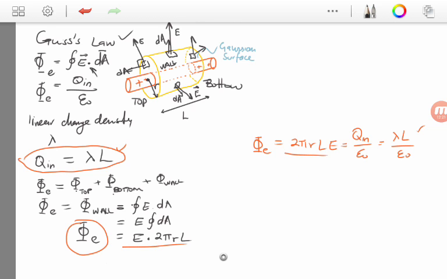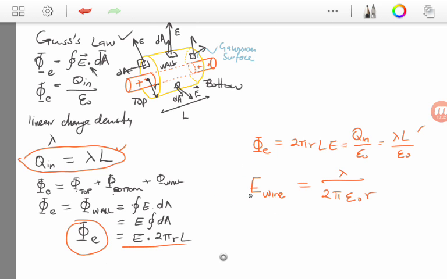So what's left now is just to make E, the electric field, the subject of the formula. You can easily do that, as E for the wire will be equal to, we divide here, λ divided by 2π ε₀ multiplied by the radius.